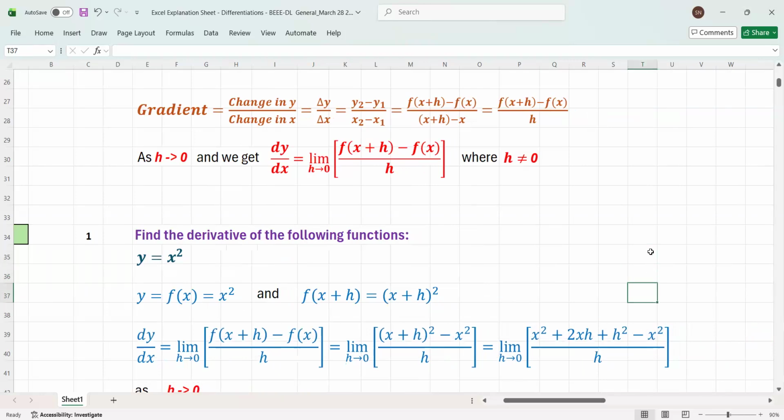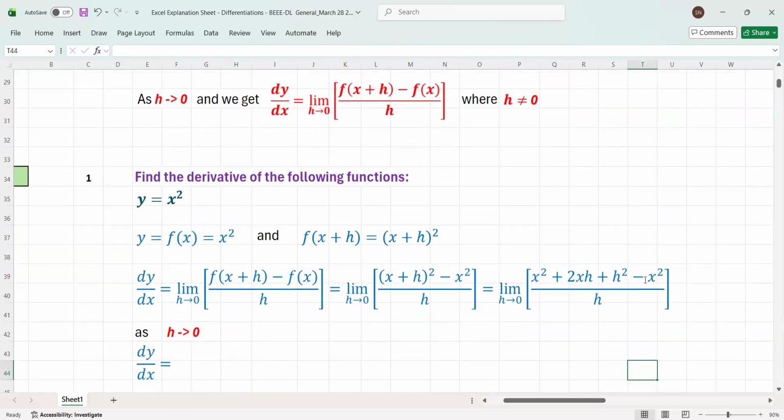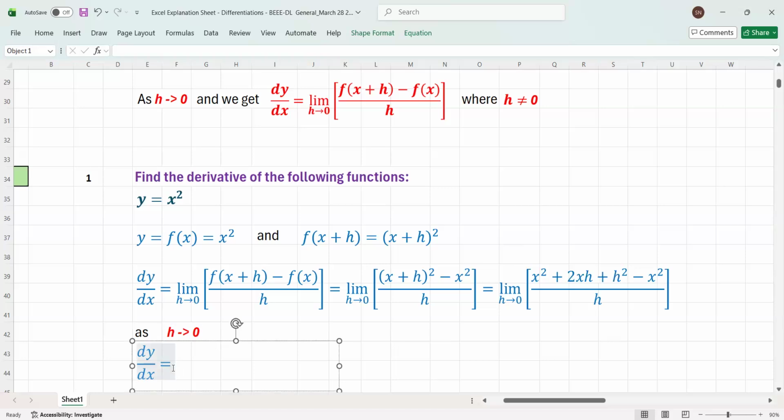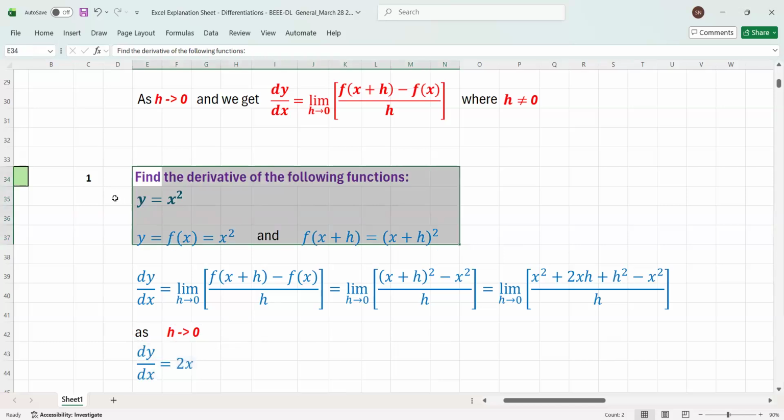That leaves us with 2xh plus h squared, and if you divide by h, you are left with 2x plus h. So as h approaches 0, the x squared function simply reduces to 2x. So this was an example of using the first principle.